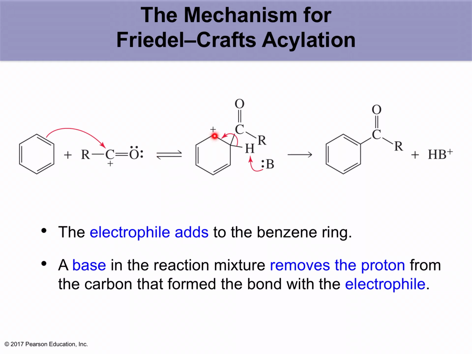And so this carbon will become positively charged, which is the same mechanism as we learned in the previous session. And then the base grabs the hydrogen and reforms the benzene ring. The electrophile adds to the benzene ring. The base in the reaction mixture removes the proton from the carbon that formed the bond with the electrophile.